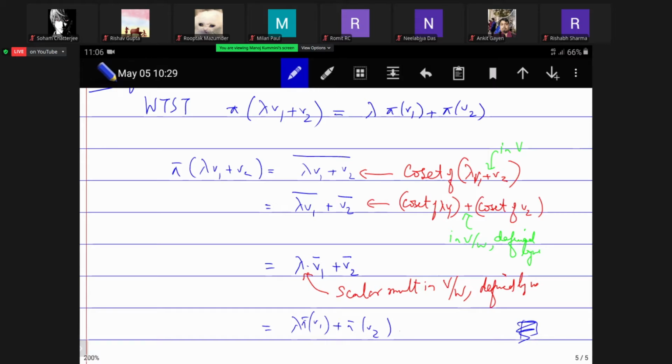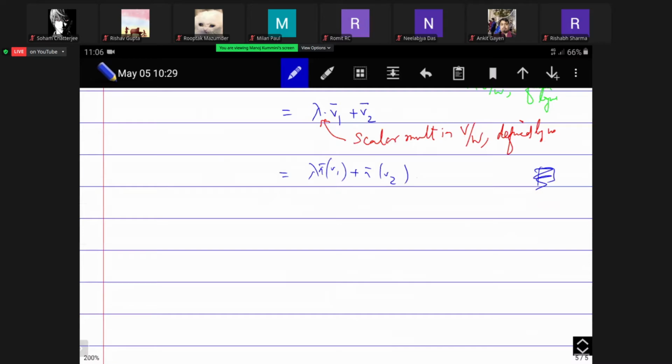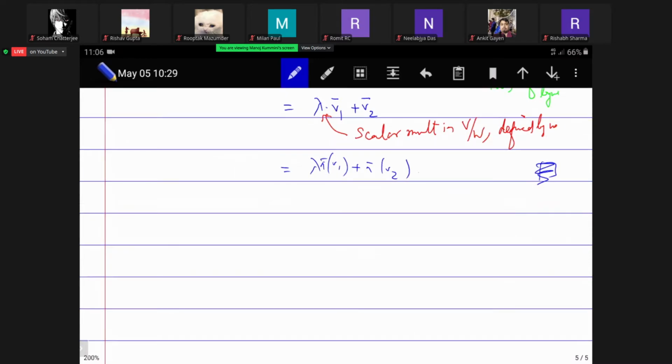So now I want to revisit those examples. I just want to emphasize one difference between things that we have already done once in class and quotient spaces. So, a word of caution.